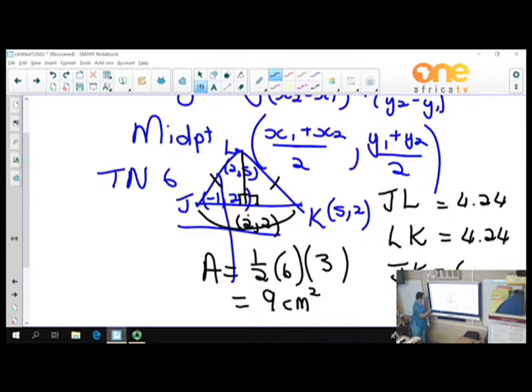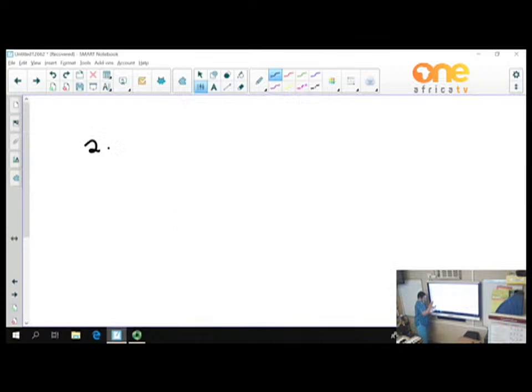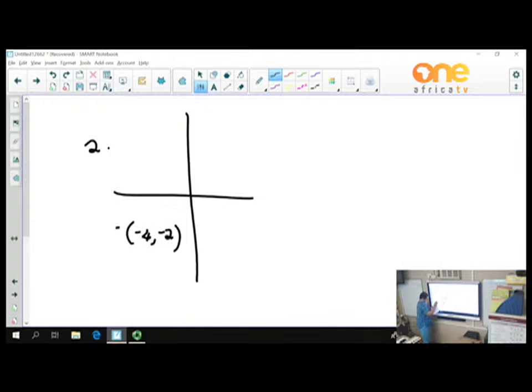Right, the second question, question 2. Find the perimeter and area of the triangle RST whose vertices are. Again, I hope you can see that the drawing is helping you every time to see what you actually should do. This is then R. S is the point 8, negative 2.